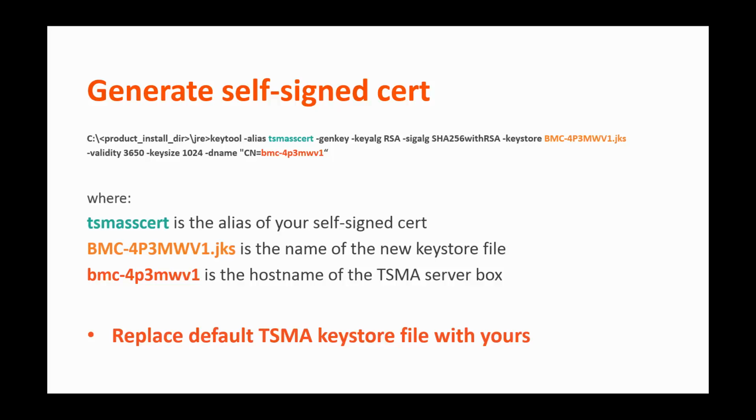Then I'm going to use my hostname.jks as the name of the new key store file. Then I'm going to put my hostname in as the hostname of the TrueSight Middleware Administrator server box. We'll be replacing the default TSMA key store file with the one that we're generating now.